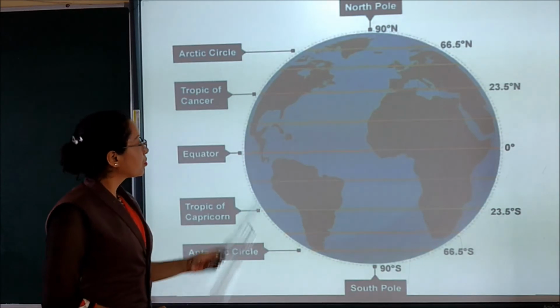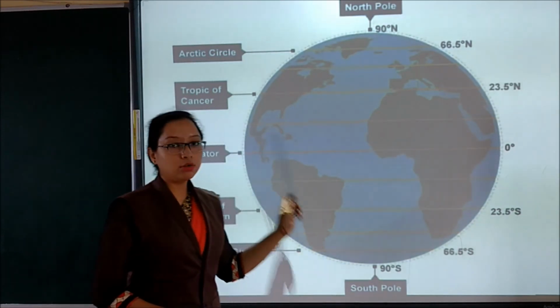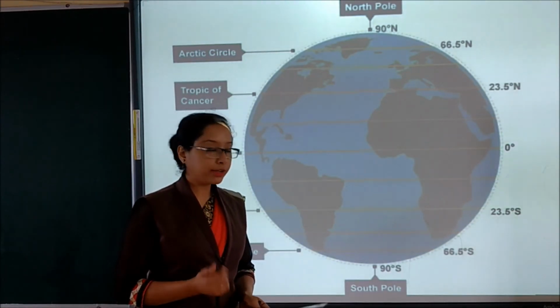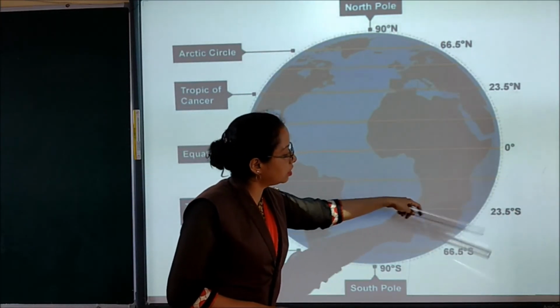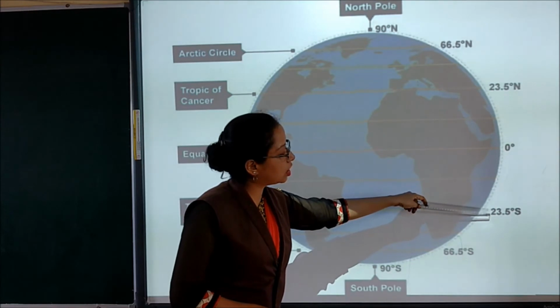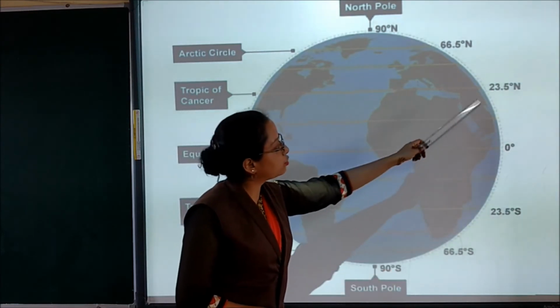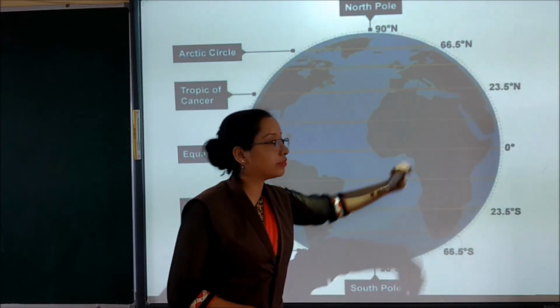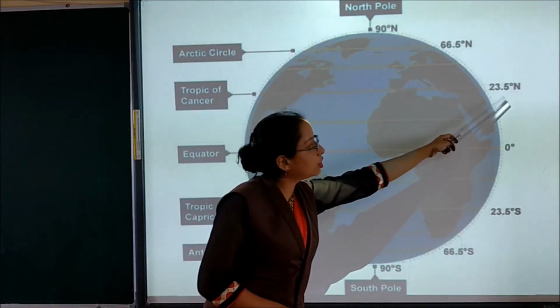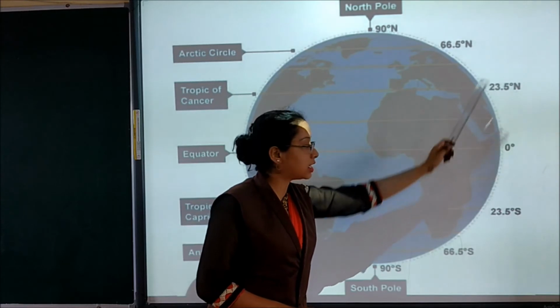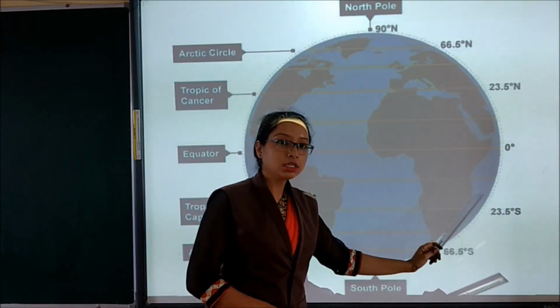Now we see that these latitudes are located on which degrees. Now you can see over here children, degrees are given, 66.5, 23.5 and S and 23.5, N is given. So what is this N and S? N is representing north and S is representing south.